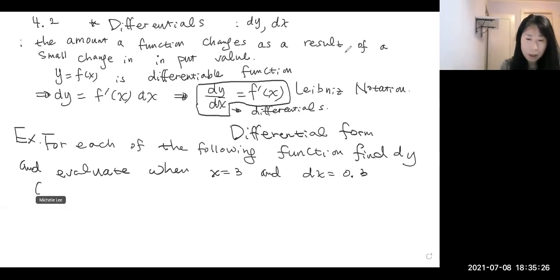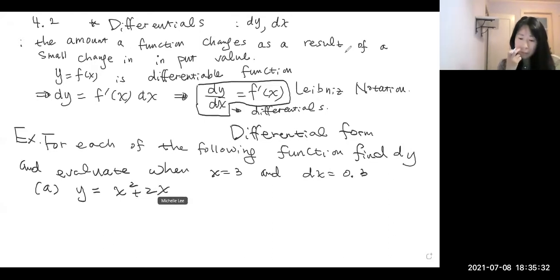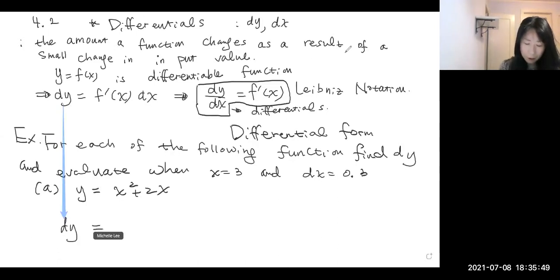So we have y equal to x squared plus 2x. Now we want to find dy, so we're just going to use the formula here. dy equal to f prime of x dx. So what's f prime of x?